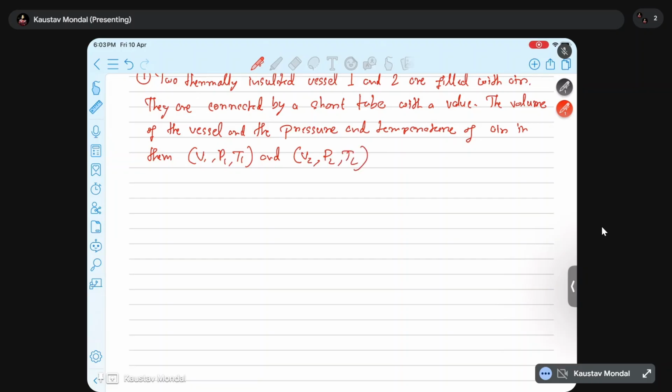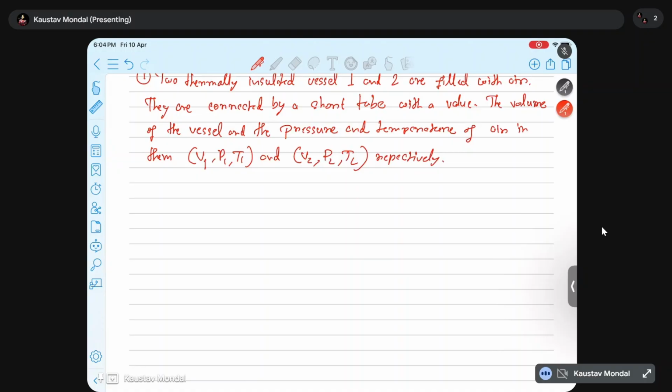Okay. This is the volume of the vessel, and inside the vessel, what is the pressure of the gas? Of vessel one it is P1 and of vessel two it is P2. Similarly, temperature is T1 for vessel one and T2 for vessel two, respectively.